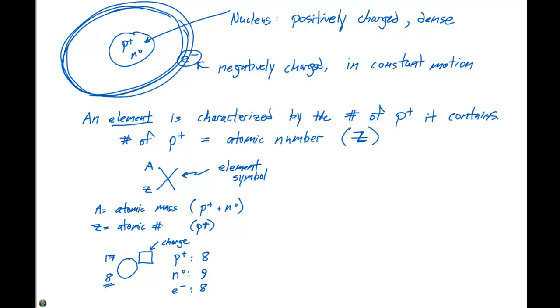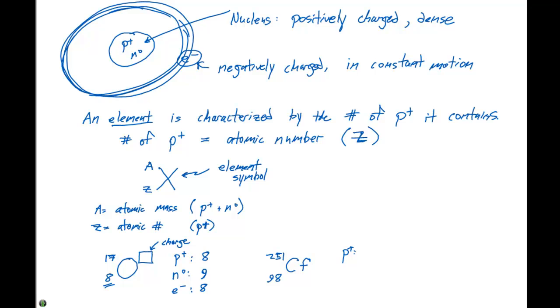If we do one more example and we look at californium, which is abbreviated Cf, and if it has a mass number of 251 and an atomic number of 98, we can indicate how many protons, neutrons, and electrons we have. The number of protons is the easiest.